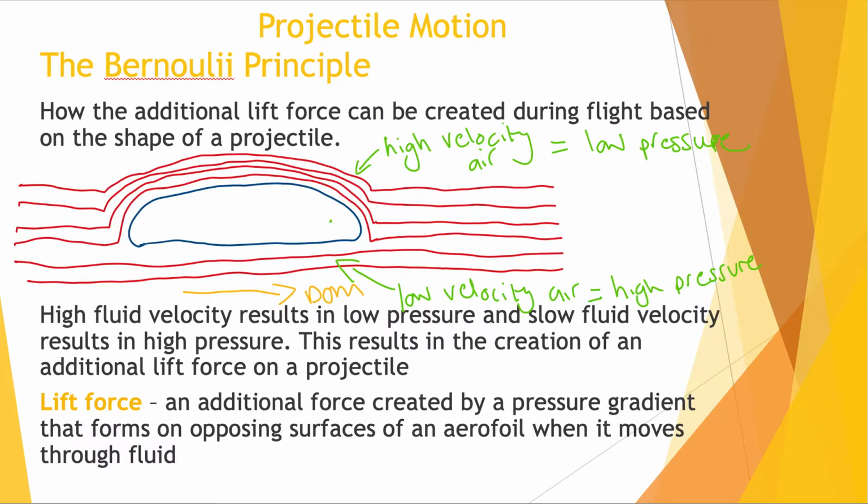Now, Bernoulli found that the air splits as it hits the surface of this projectile, whatever it may be. It's forced to split. But the laws of physics say that the air that splits here must rejoin here at the same point in time.